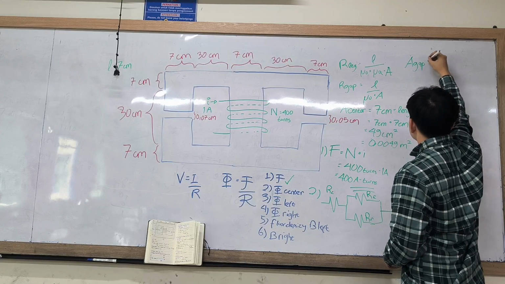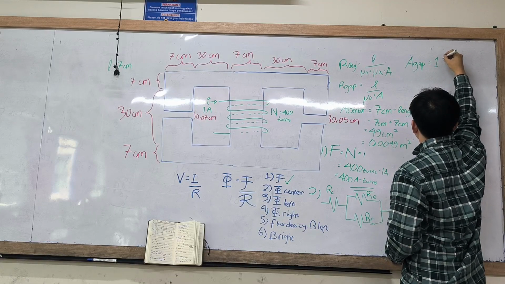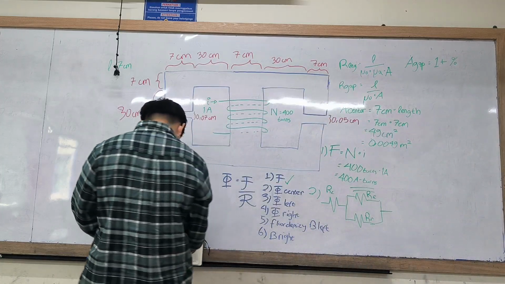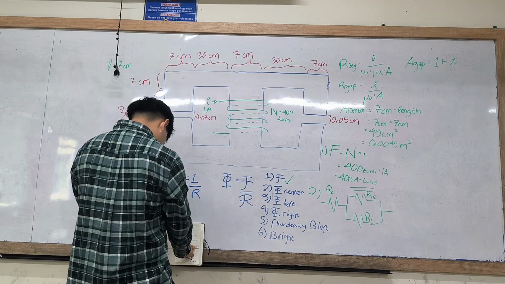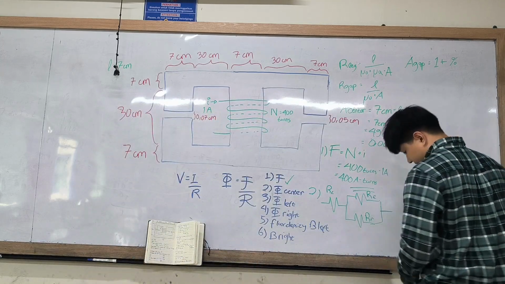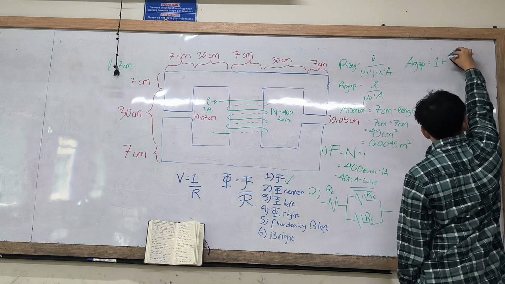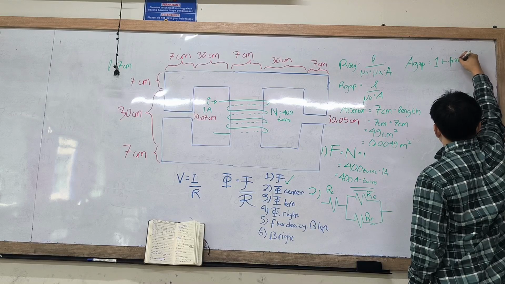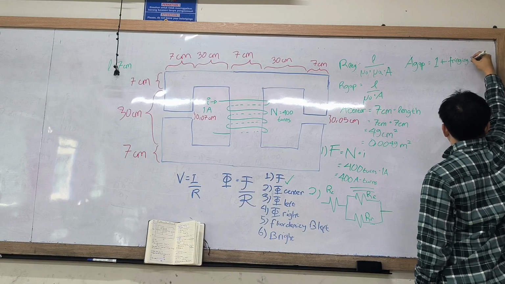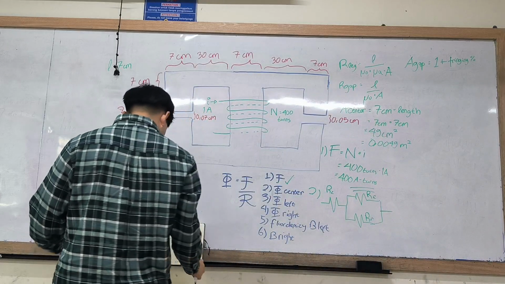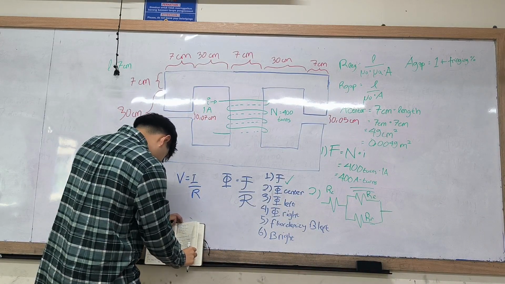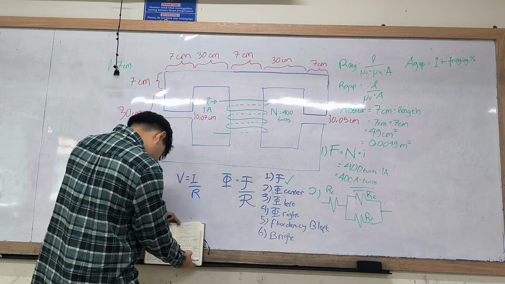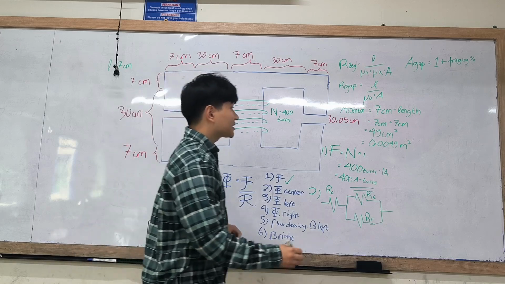The area for the gap is a bit different though. It's not just like the center. It's actually 1 plus a percentage of fringing, times the area from the center.